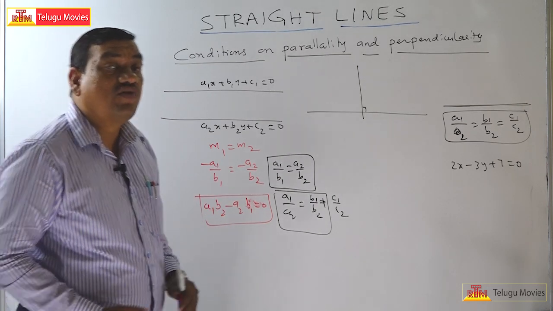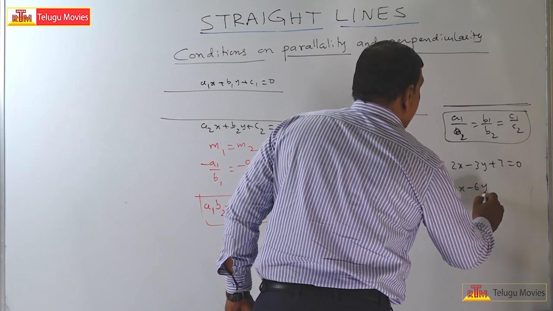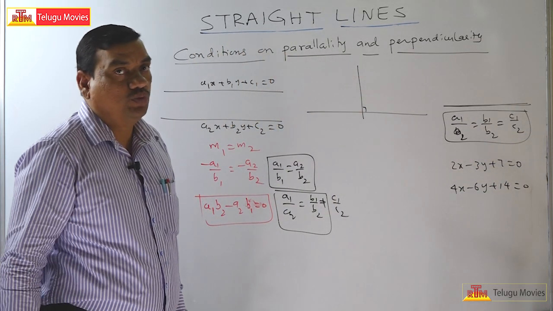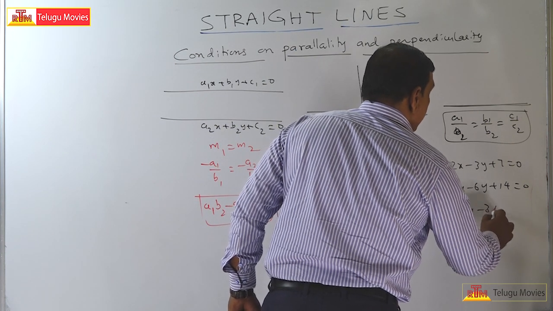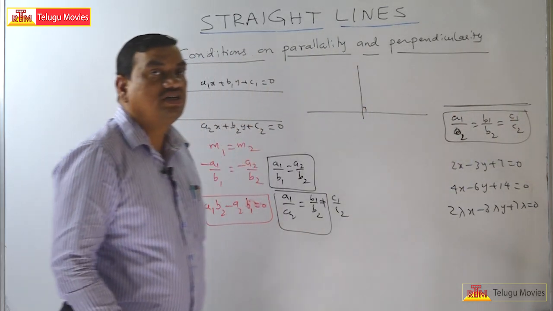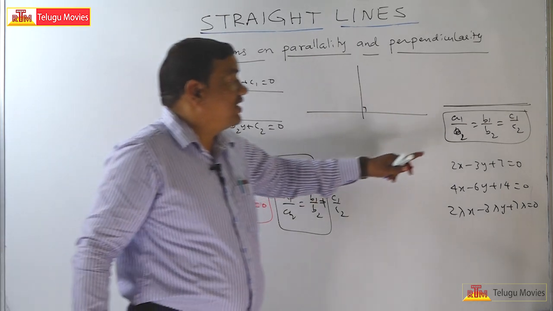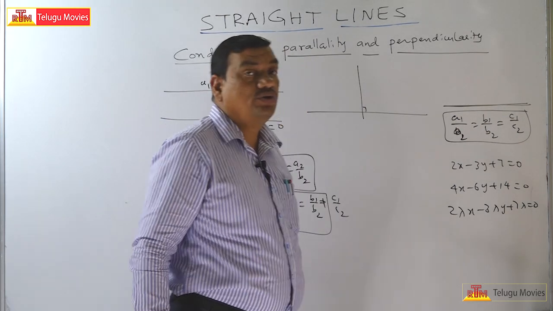Then the equation of another line will definitely be something like 4x minus 6y plus 14 is equal to 0, that I multiplied with 2. Otherwise, in general, 2 lambda x minus 3 lambda y plus 7 lambda is equal to 0. All coefficients are multiplied with a non-zero constant lambda. Then you will definitely get a1 by a2 is equal to b1 by b2 is equal to c1 by c2.